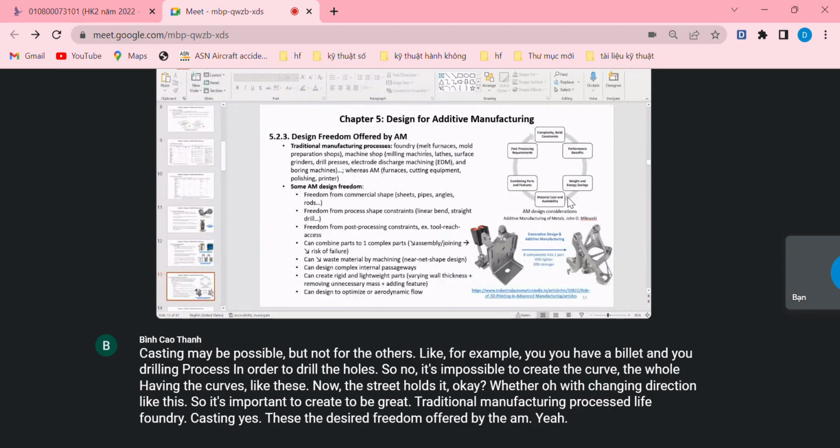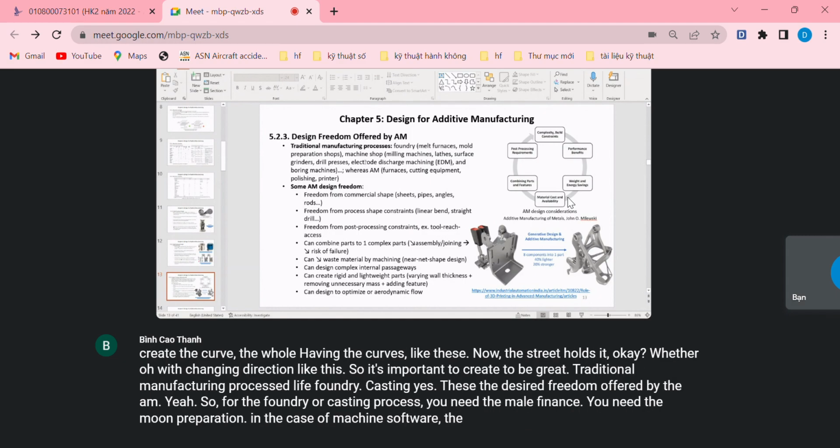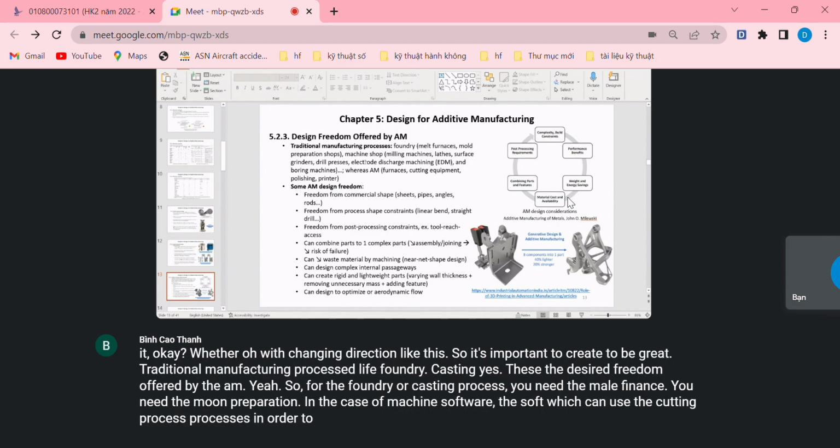So for the foundry or casting process, you need the melt furnace, you need the mold preparation. In the case of a machine shop, which uses cutting processes in order to fabricate the part, you need multiple equipment.